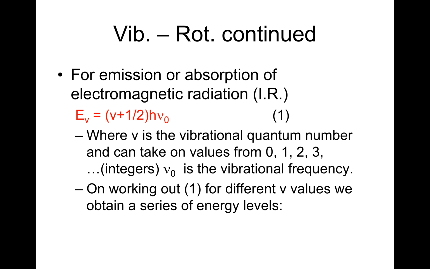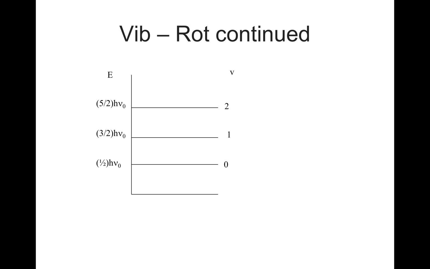Nu naught is the vibrational frequency. On working out E_v for different v values, we obtain a series of energy levels, and they are shown here. v equals 0 gives us half h nu naught. v equals 1 gives us 3/2 h nu naught, and v equals 2 gives us 5/2 h nu naught.